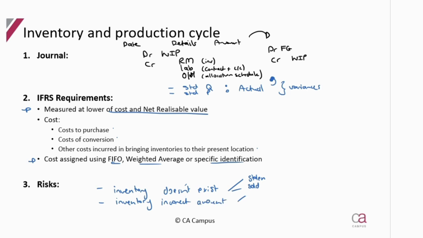And this could be because your cost is incorrect, or it could be because it's not at the lower of cost and net realizable value. There's also a risk that they don't have the right.